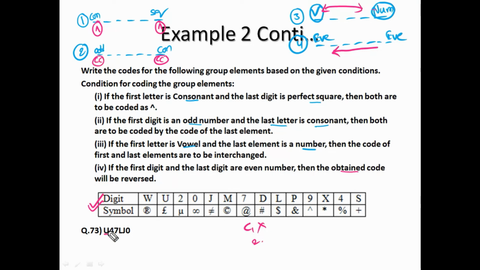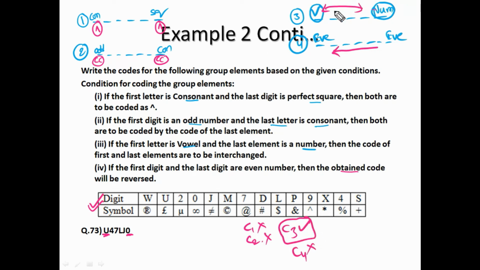It is not a digit, so fail. Condition 3: first is a vowel? Yes, it is a vowel. And last is a number? Yes, it is 0. 0 is a number. So condition 3 is following. And condition 4, even and even: it is not a digit, so condition 4 also fails.